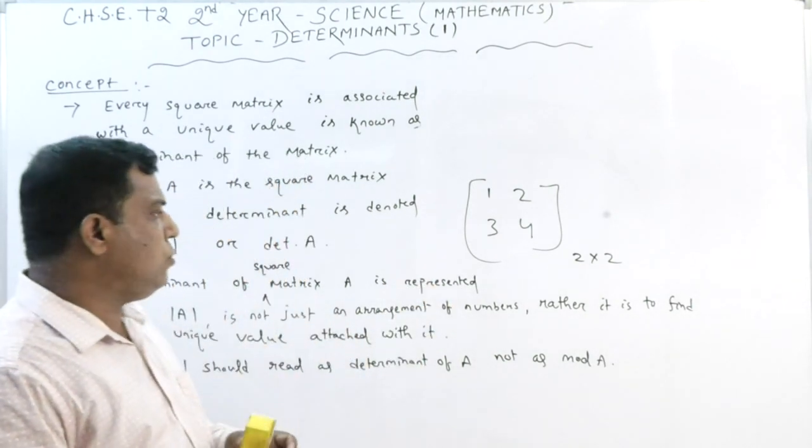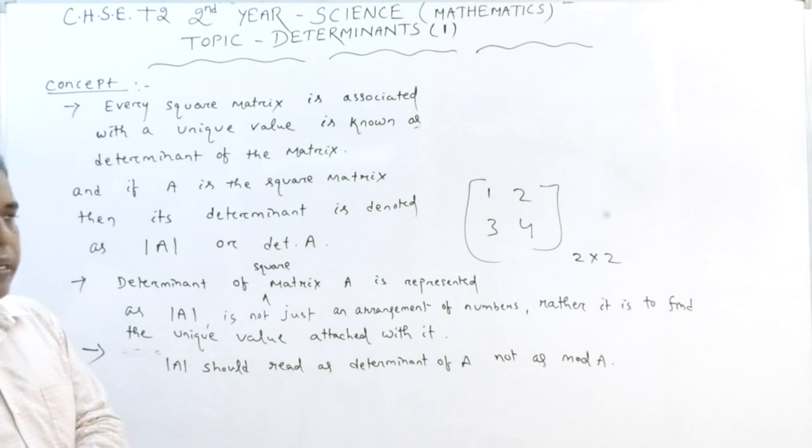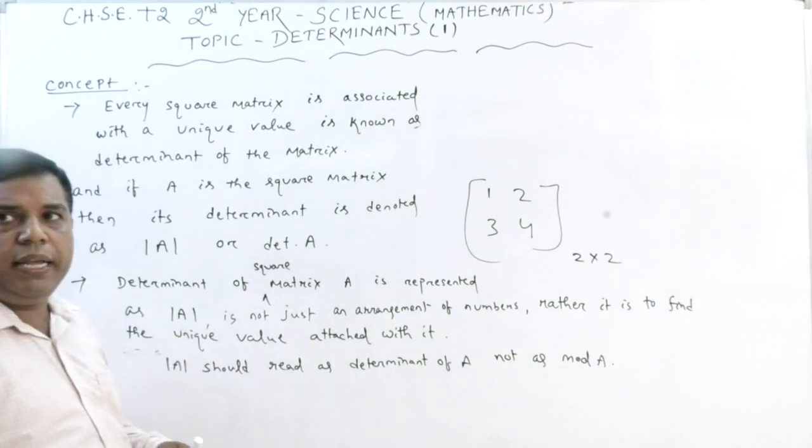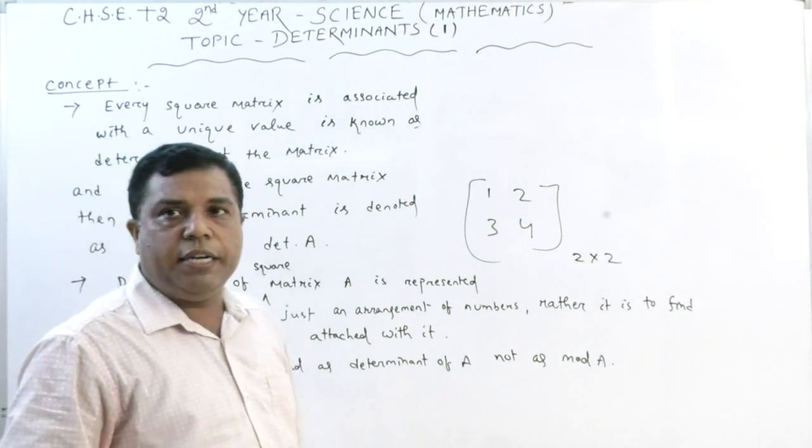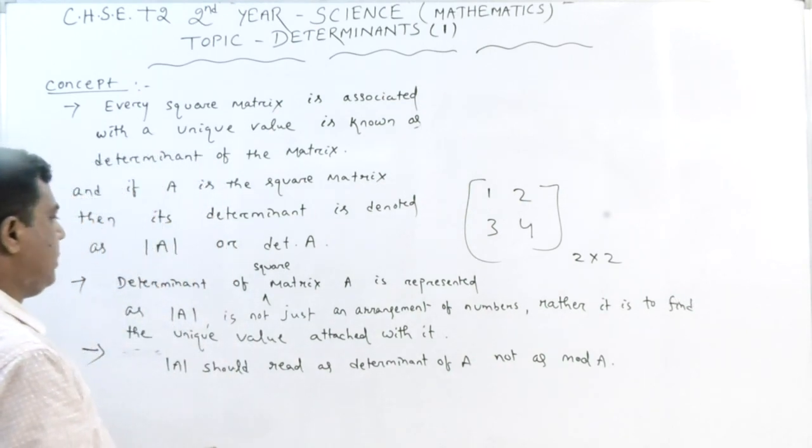So let us begin with finding the value of the determinant of a square matrix.